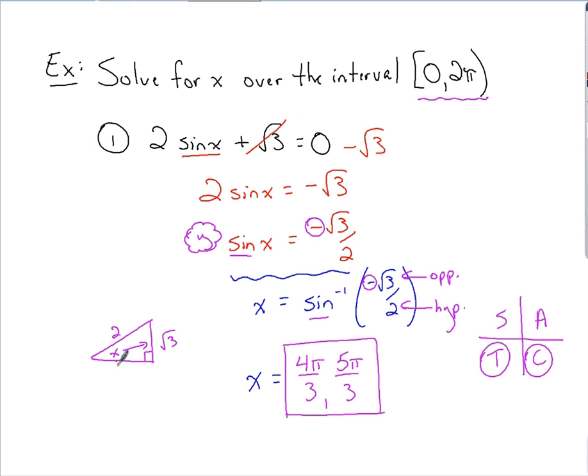So if this angle here is 60, the radian measure that corresponds to 60, well, that'd be pi over 3, right? So if it's pi over 3 and we know we're down in these two quadrants, you take the pi over 3 values from those two quadrants and voila, we're right back here at 4 pi over 3 and 5 pi over 3. So another way to look at it. Either way works.